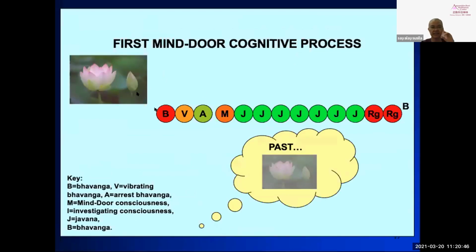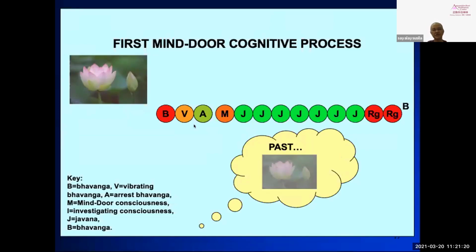As I said previously, there's the eye door cognitive process, seeing the lotus flower as a visible object. He doesn't know it's a lotus flower yet. In order to know what the visible object is that the eye consciousness sees, after the eye door cognitive process, it is followed by many bhavanga, then followed by the first mind door cognitive process.